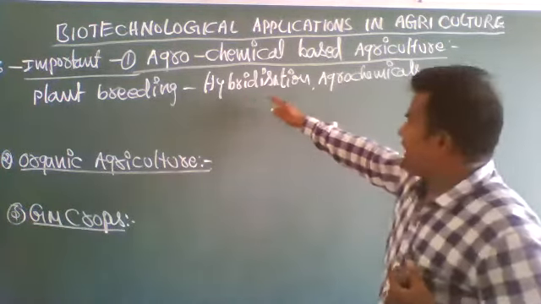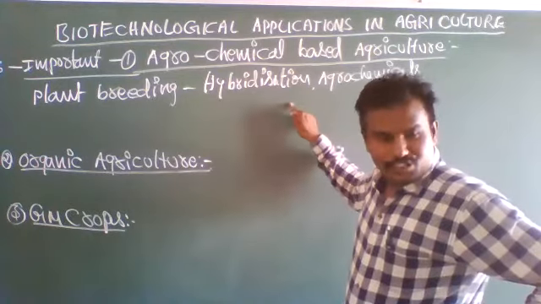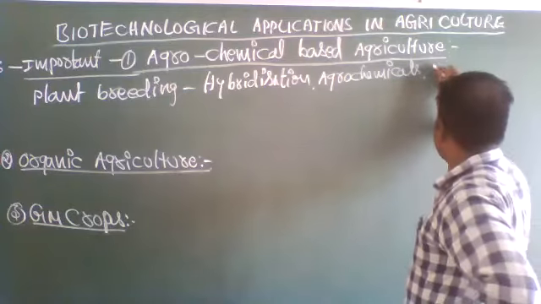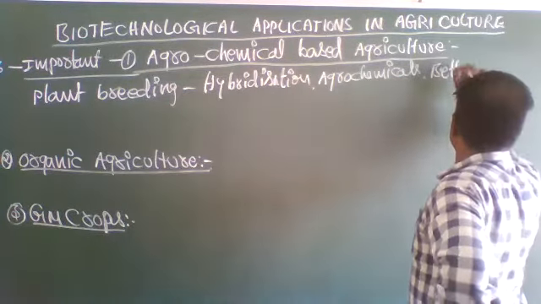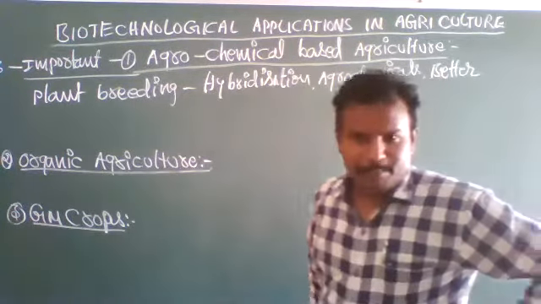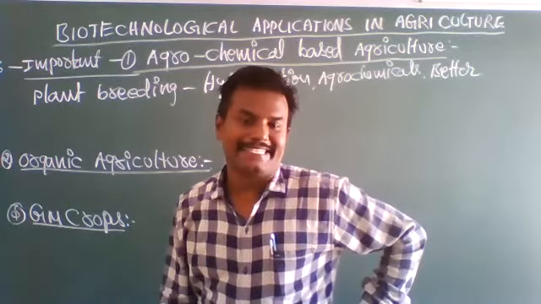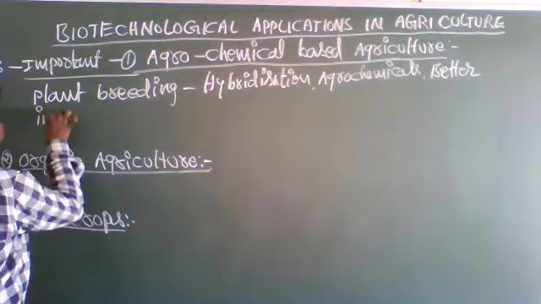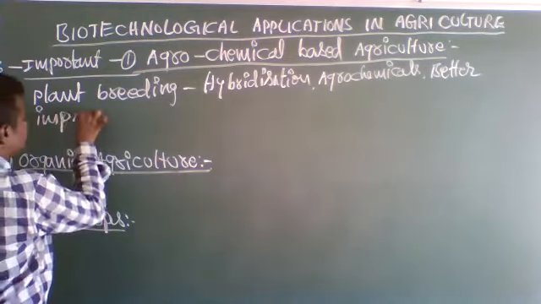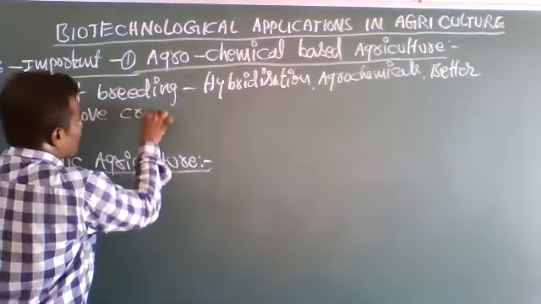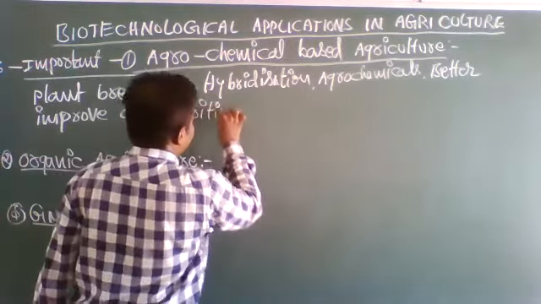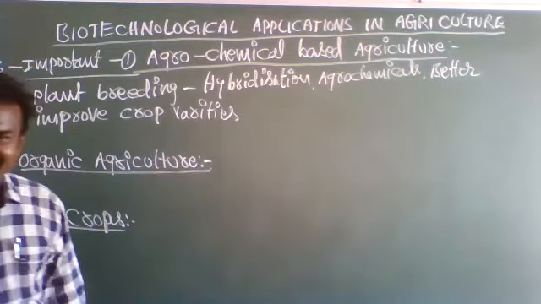Plant breeding techniques like hybridization, along with the use of agrochemicals, better management practices, and improved crop varieties. These are all the techniques.